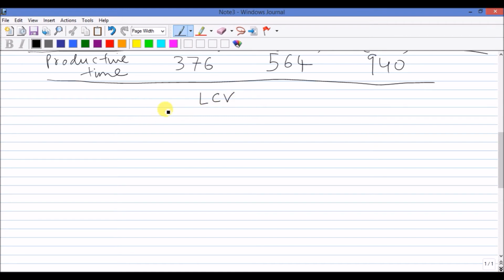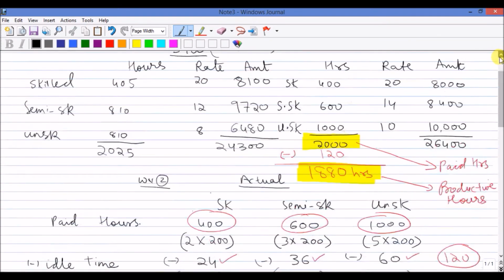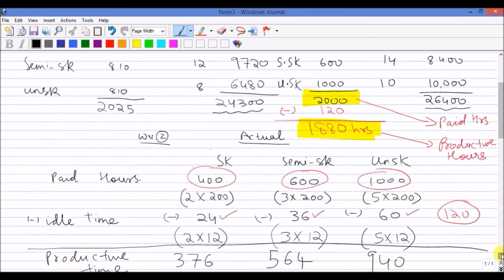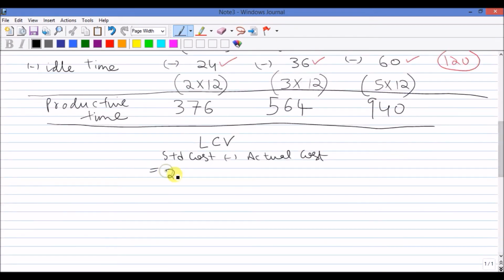Labor cost variance, standard cost minus the actual cost. So how much is the standard cost? Standard cost is 24,300 and actual is 26,400.